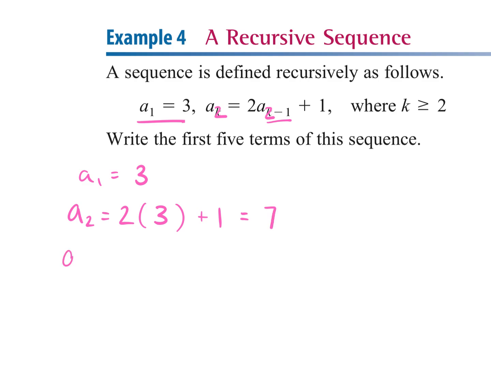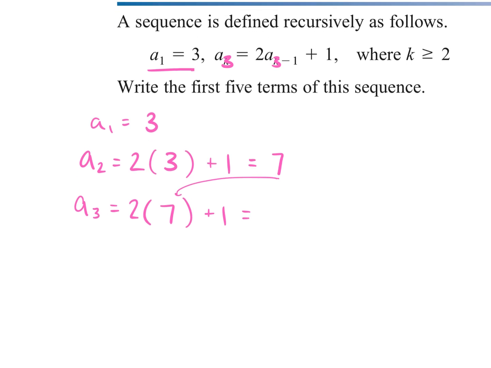To find our next term, a sub 3, if I were to plug in 3 into here, we have 2 times a sub 3 minus 1. So now we're looking for a sub 2. We're using a sub 2 plus 1. What was a sub 2? 7. So we're going to take the term before and use that.